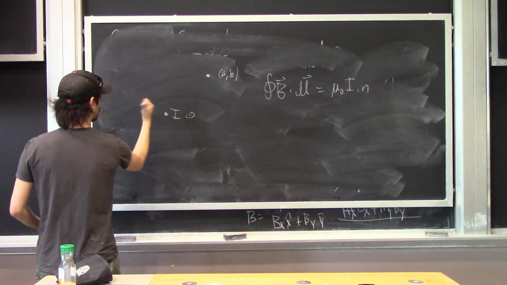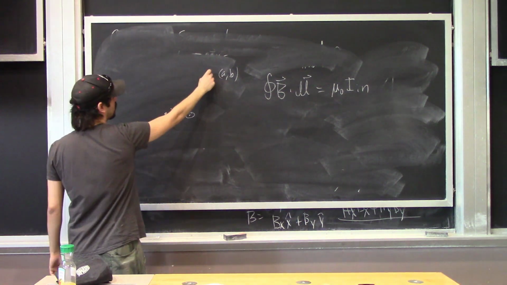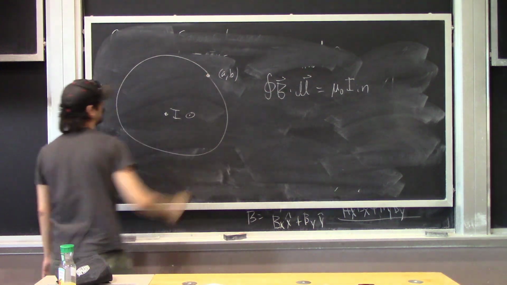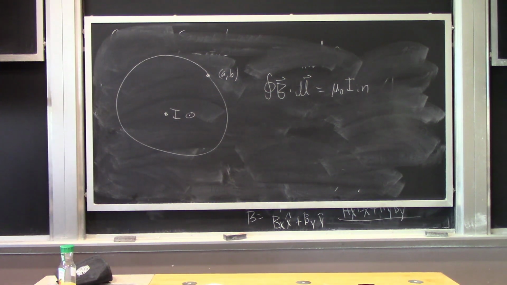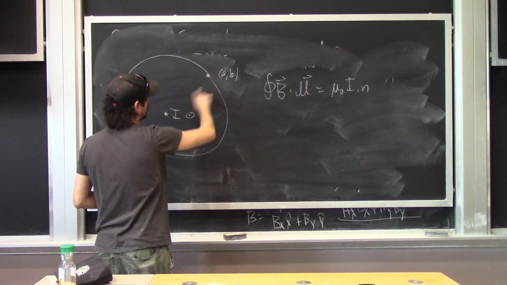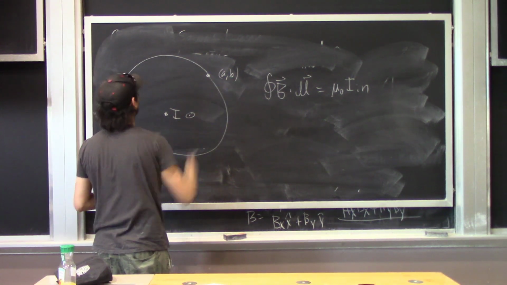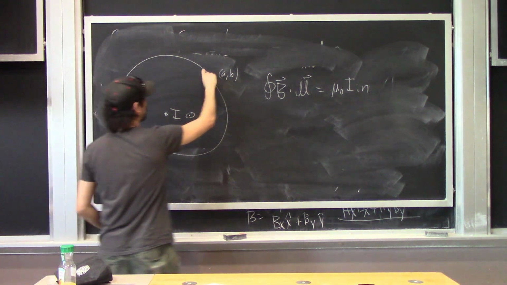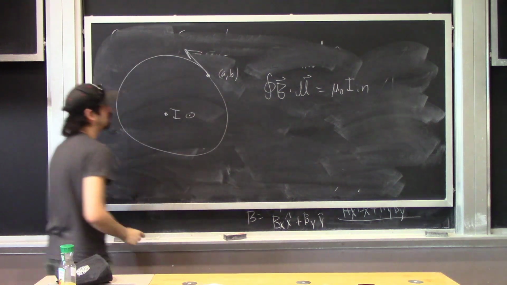Because the current is going this way, and I want to find the magnetic field here, this is what the magnetic field looks like around the wire at the point (a, b). And additionally, we know that the magnetic field should point this way.